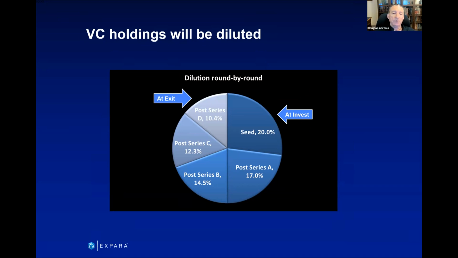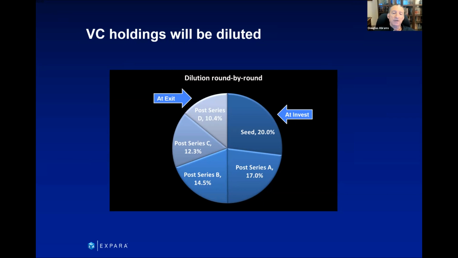And in this case, we assume that in each subsequent round, new investors take 15%, which again, I think is a fairly conservative assumption. Some companies that raise 4 subsequent rounds might give up less equity. Some might give up a lot more. So I think 4 rounds, average 15% equity per round, is a fair assumption for both sides.